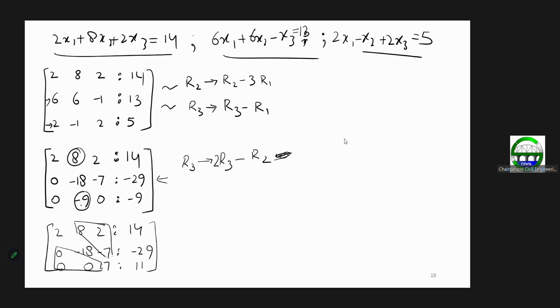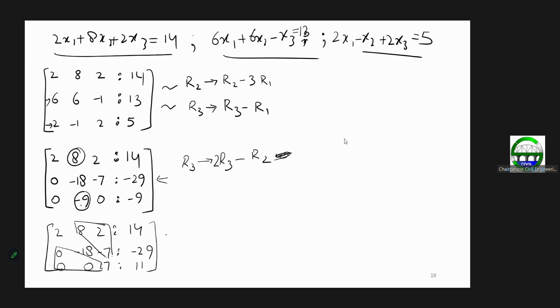Any idea how we can make it? R1 is equal to 8 by 18. Yes, okay, so there was a good option.